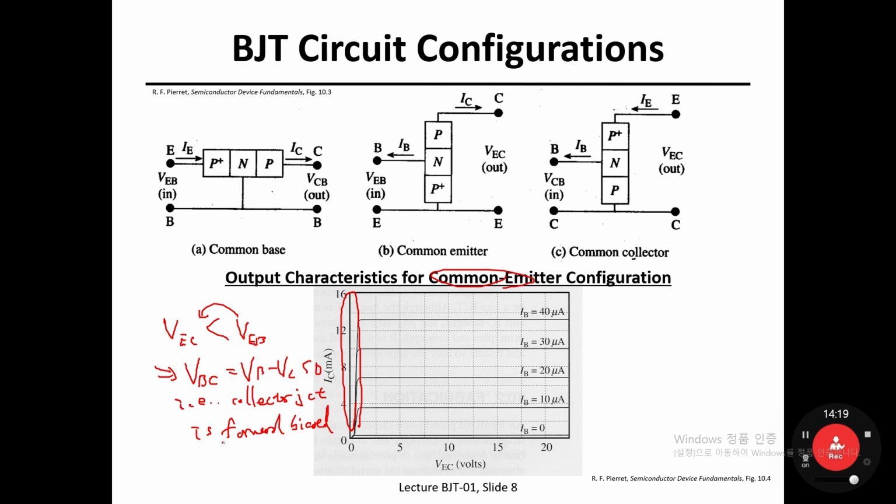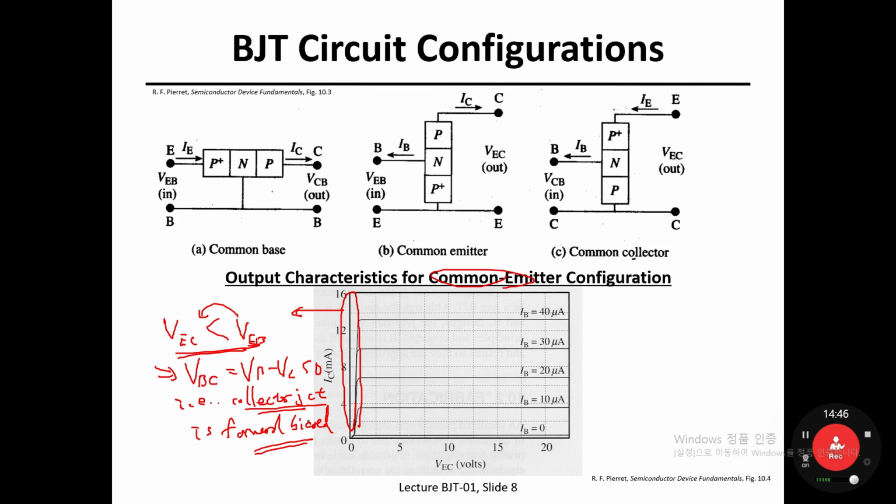That means when the BJT is working in an amplifier circuit, the biasing point should be found in the active region. But in the saturation region, since the voltage difference is given as follows, the collector junction is even forward biased.